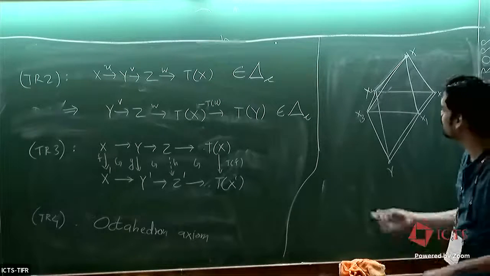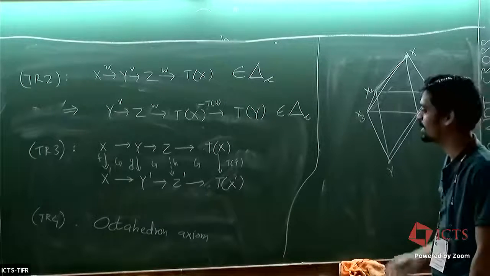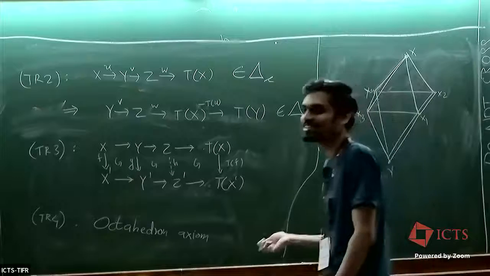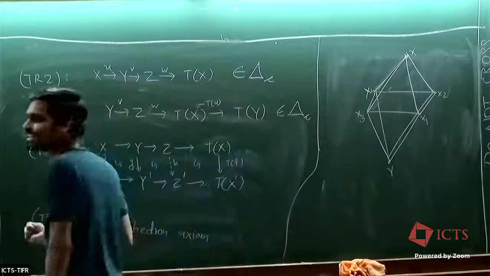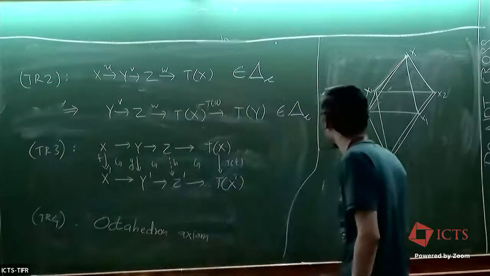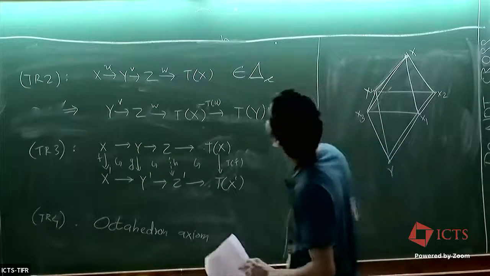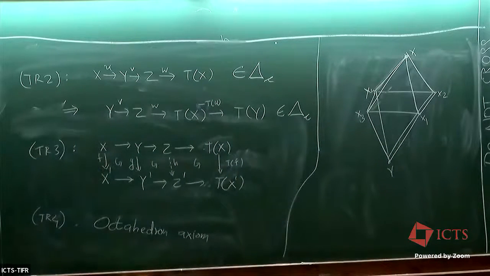I can write down the properties, but it won't make any difference. Instead, I'll just give one example of a triangulated category.